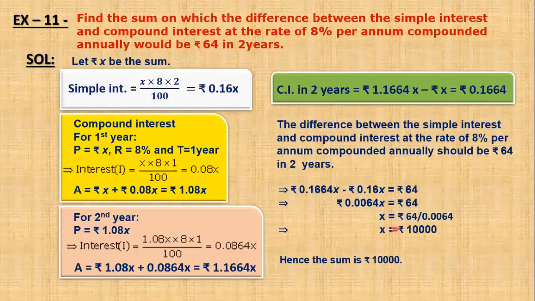On solving this equation, we will get x is equal to rupees 64 divided by 0.0064, which will give x is equal to rupees 10,000. Hence, the sum is rupees 10,000.